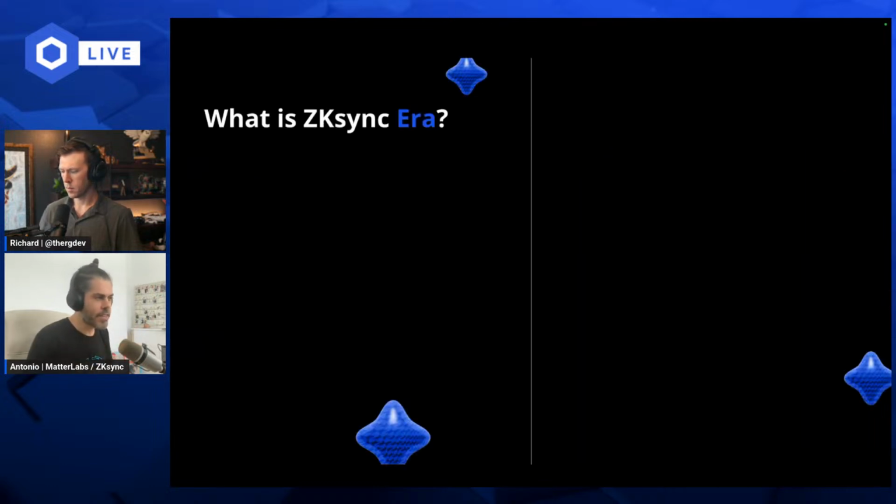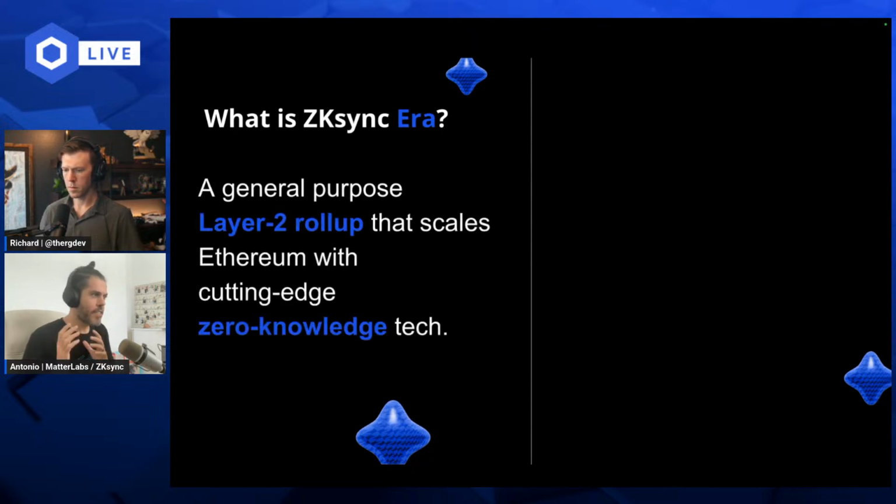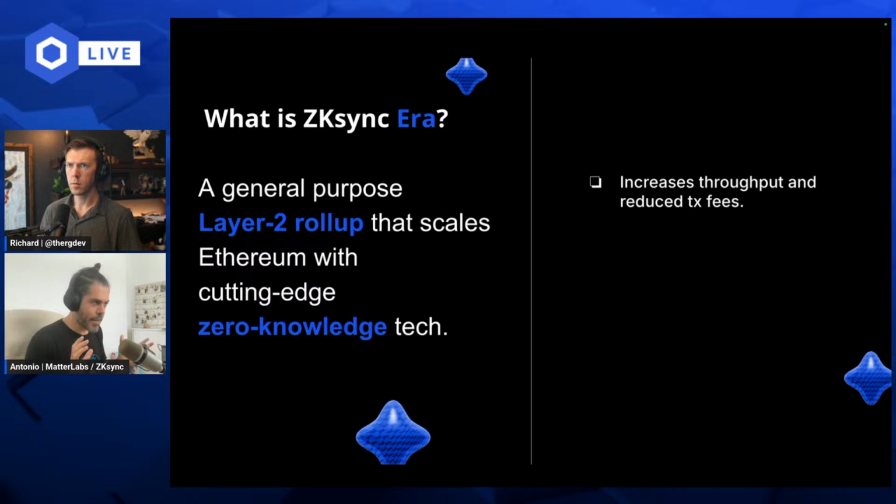So getting a little bit deeper into what is ZKsync Era, again, it's a general purpose layer 2 rollup that scales Ethereum, and it uses zero knowledge. That's a mouthful. So in general, it increases the throughput of Ethereum.